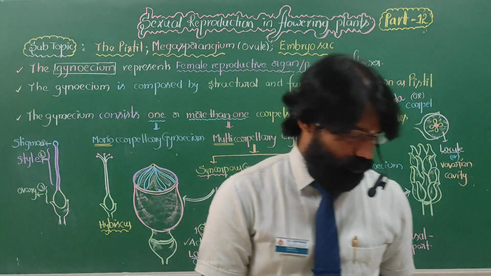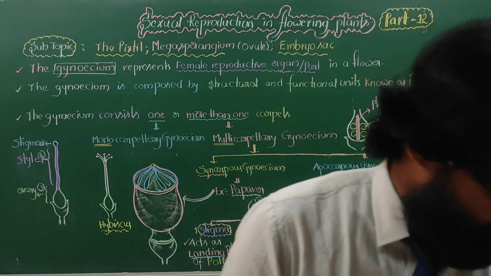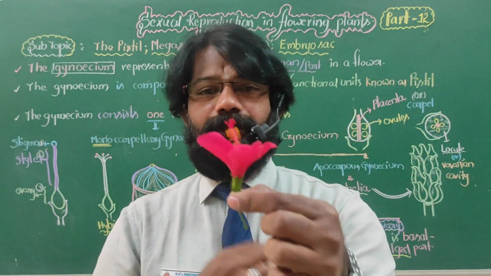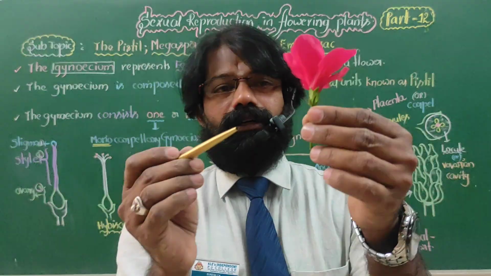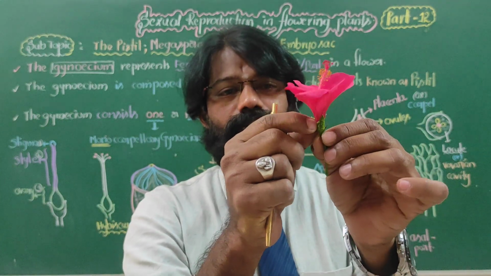Before talking about all these things, we need to go a little bit the experimental way. As all of you know, this is a hibiscus. Here the green colored part is nothing but the calyx. You remove the calyx.